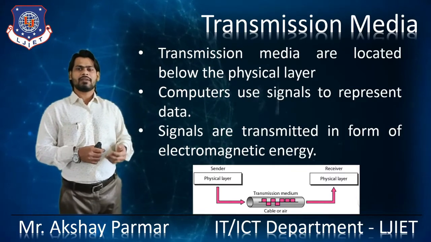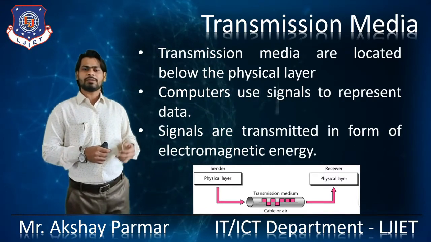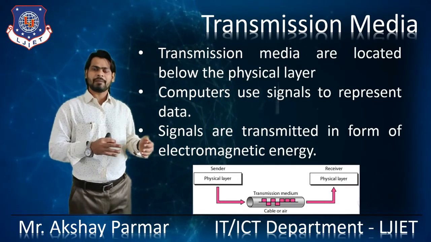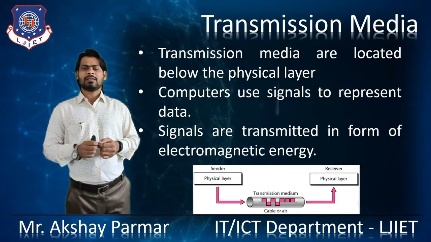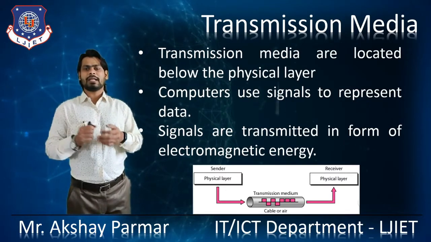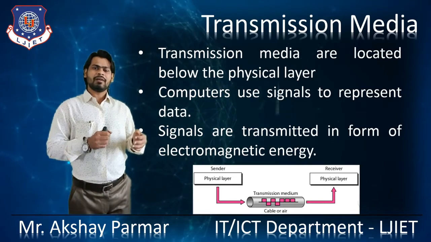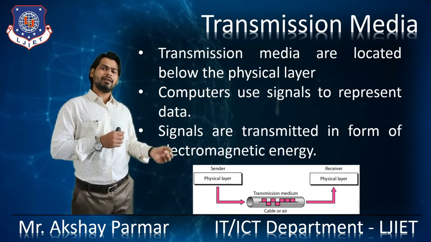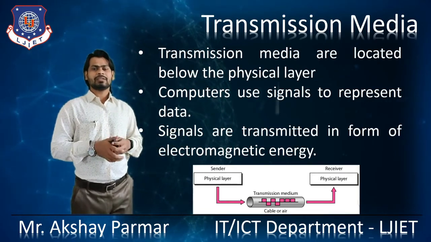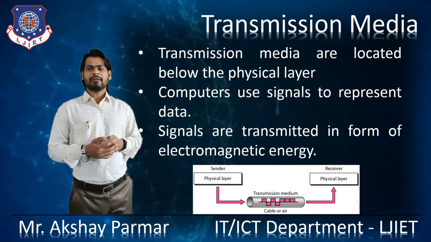The data comes from the physical layer, is transferred to the transmission media, and the transmission media transfers the data from the sender to the receiver, right? So the transmission media will transfer the data from the physical layer of the sender to the physical layer of the receiver end, right? So in the middle the transmission media is there, right?